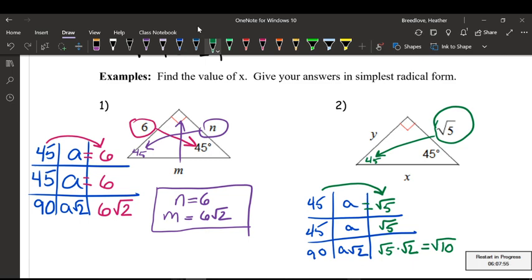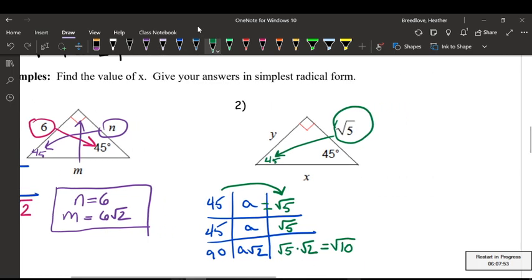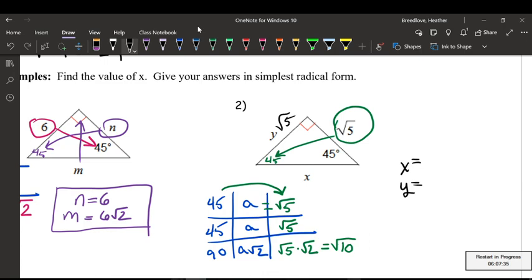All right, and then all that's left is to actually answer the question, x and y. So x and y, what are they? Well, I see that y is a leg of the triangle. It's touching the 90. So y is going to be the square root 5. And so that means that x is across from 90, so x equals the square root of 10.